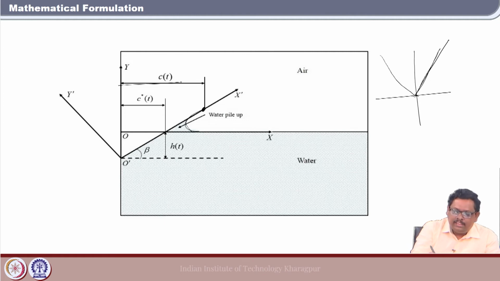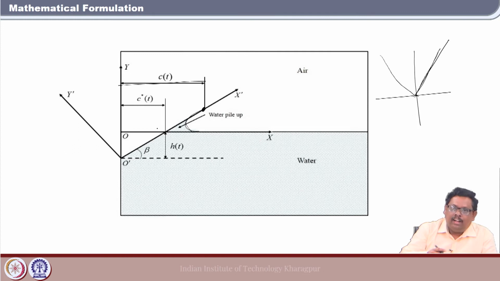This is the distance from the middle plane, the xz plane passing through y equal to 0. This is that line, the symmetric line of the body plan.